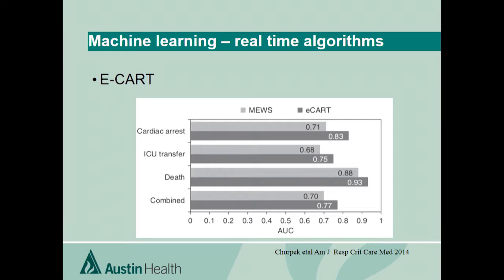And so anything above 0.85 is extremely good. Anything above 0.9 is extraordinarily good. 0.7s and 0.6s is what you usually see in statistical models, and they're okay, but as you can understand, 0.6 is not much better than 0.5, and that affects the sensitivity and specificity of the test.